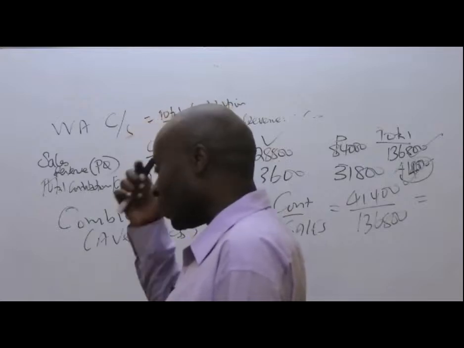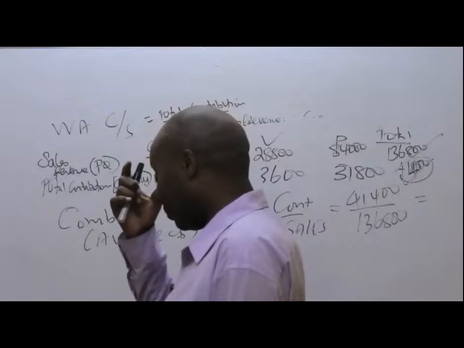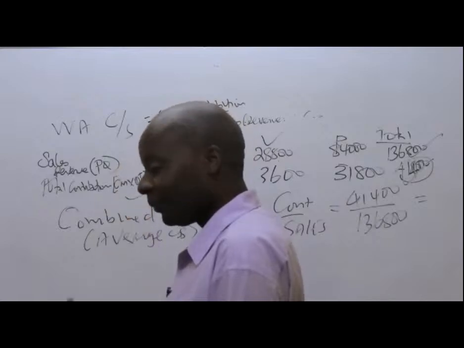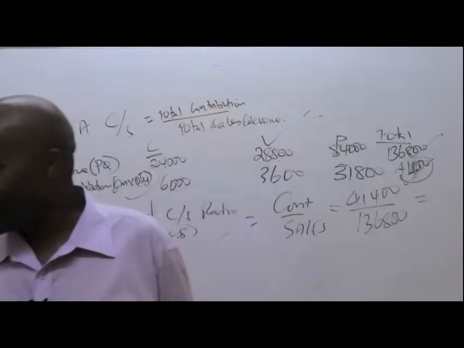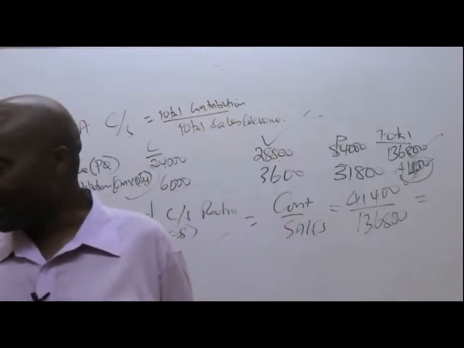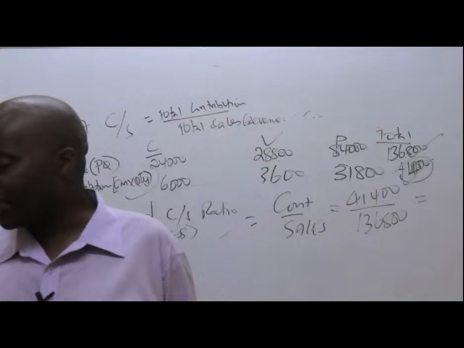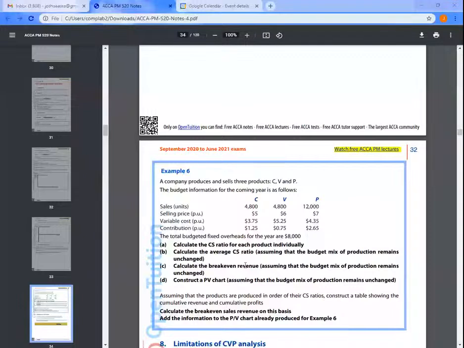How about this one? Where have we gone wrong? How about this one, the CS ratio? Is there somebody who is able to pick the figure? Because now contribution here is 1.25 times 4,800. What figure do we have?